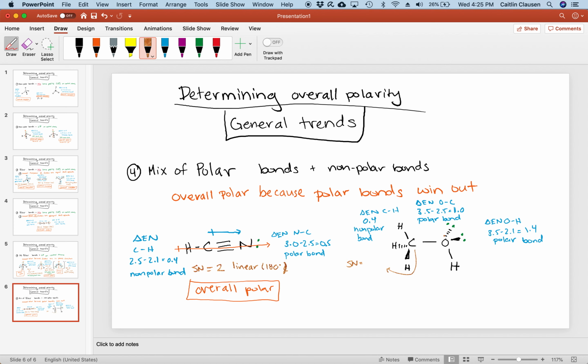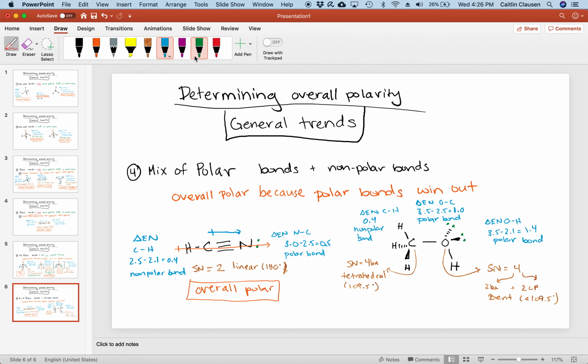Steric number for this carbon, 4 bonded atoms, tetrahedral, 109.5 degrees. For the oxygen, steric number is 4, but it's made up of 2 bonded atoms, a hydrogen and a carbon, plus 2 lone pairs. That tells me this is bent about the oxygen, and we are less than 109.5 degrees.